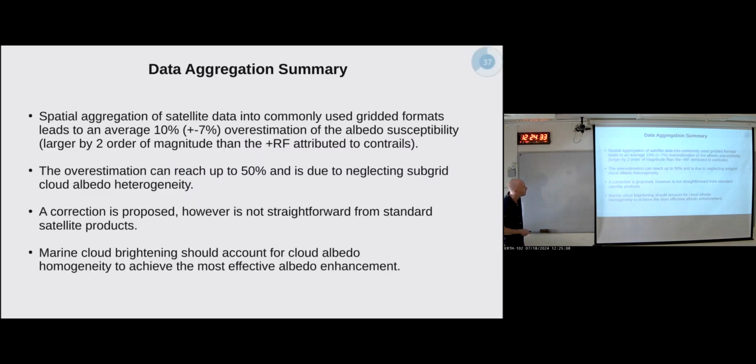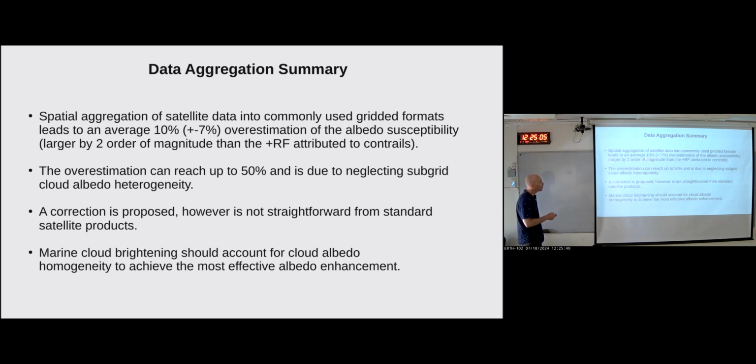So to summarize this part, the first part on data aggregation, I showed the spatial aggregation of satellite data into commonly used gridded formats of 1 by 1 degree typically. It leads to an average 10% overestimation of the albedo susceptibility. And just to put this in context, this bias is about 0.07 to 0.1 watt per square meter globally.